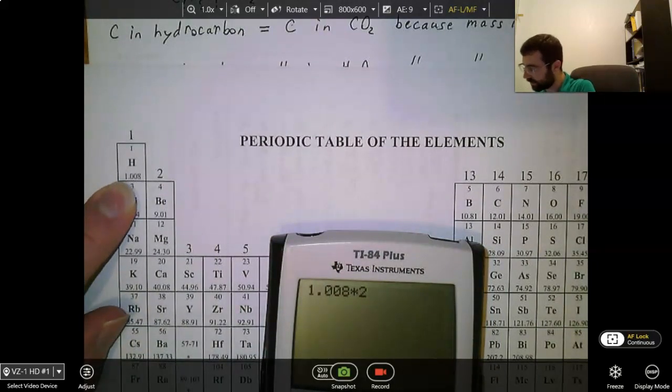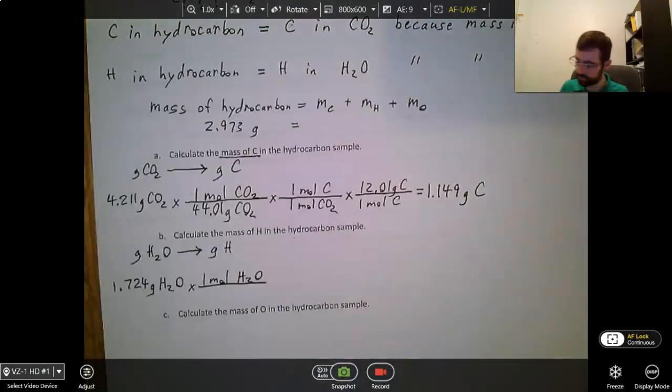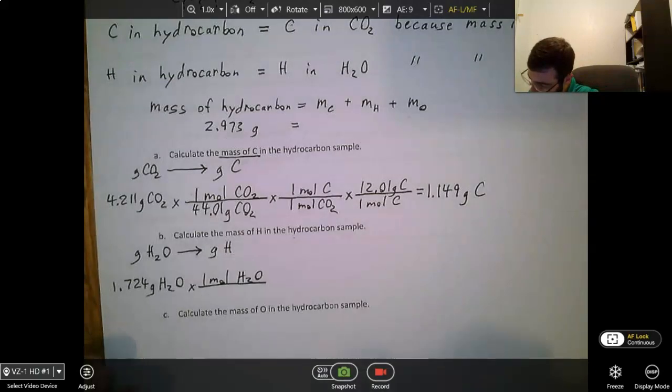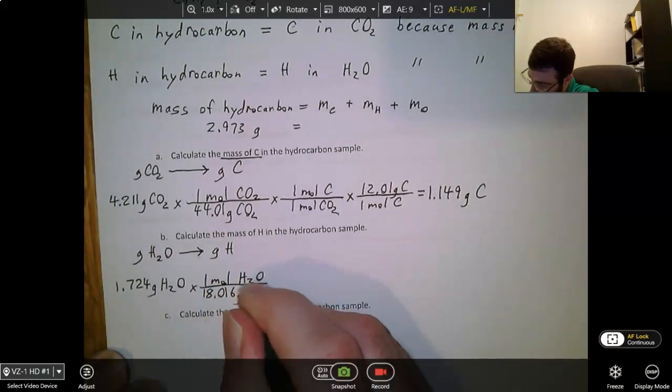So H2, and then O is 16.00, so it's 18.016 grams of H2O.